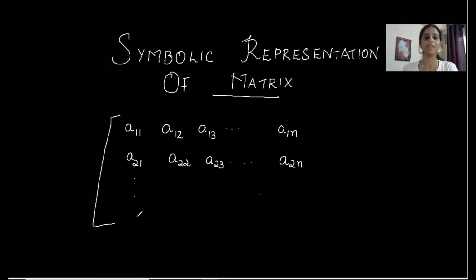And the same thing with the rows. We don't know how many rows are here, so the last row, we are putting a name like m. So last one will be Am1, then Am2, Am3, Amn.